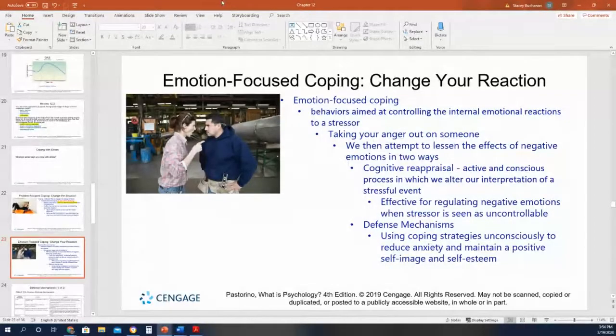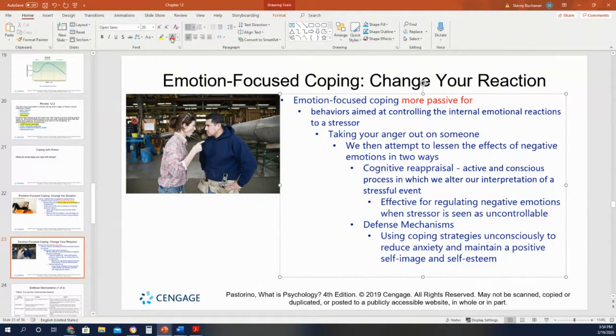So emotion-focused coping is, if you want to think of it this way, a more passive form of coping, or actually, instead of saying passive, less active. It's probably a better way to think about it. This is when you try to control your behaviors.